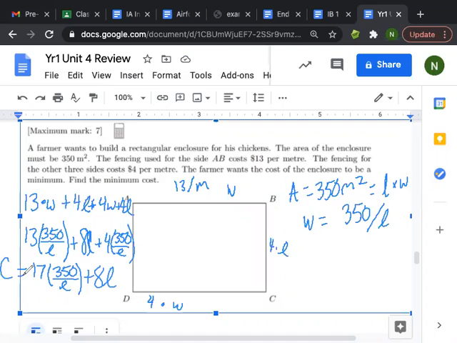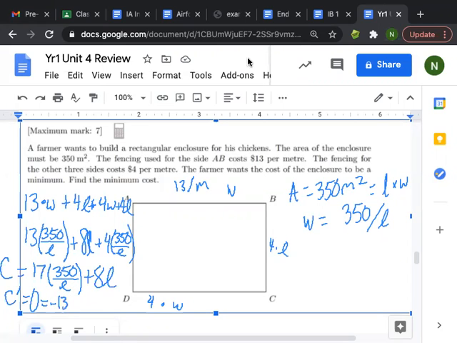But what they say is that they want it to be a minimum cost. So what do I have to do to find a minimum? Take the derivative and set it equal to 0. So what's my derivative? It's a little messy, I know. You have negative 350 L to the negative 2.